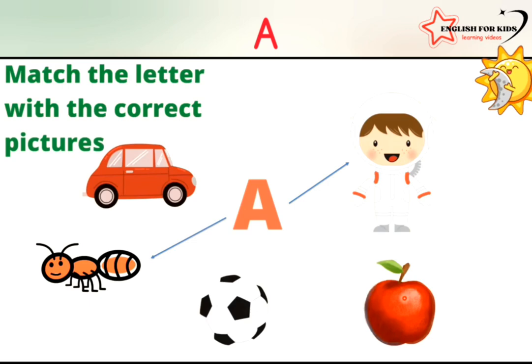Does it start with letter A? Correct. Apple starts with letter A, so we are going to match letter A with apple. Great job, everyone. You did a really great job. Let's move on to the next exercise.